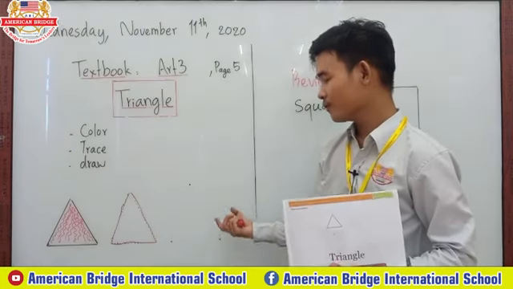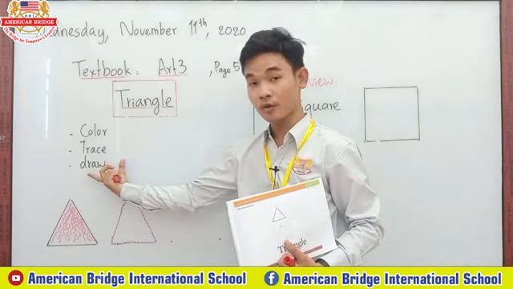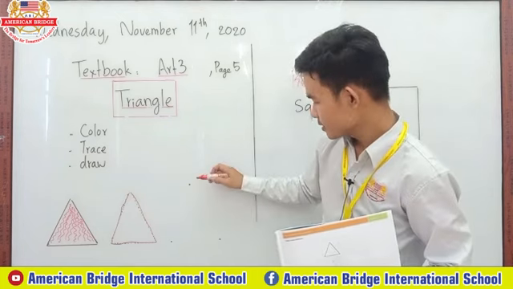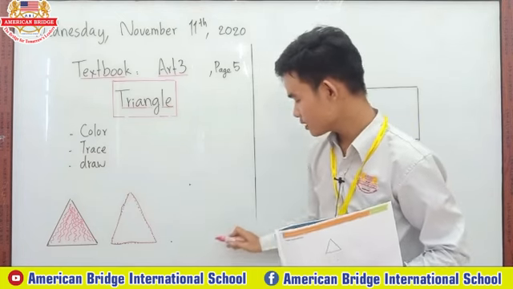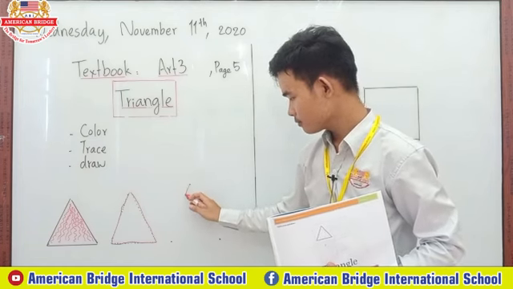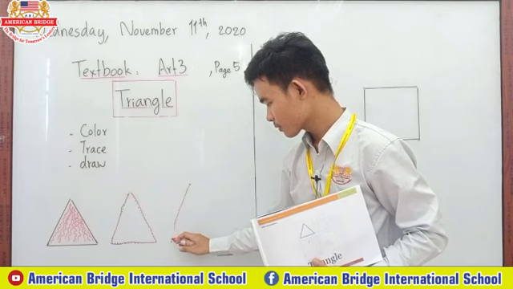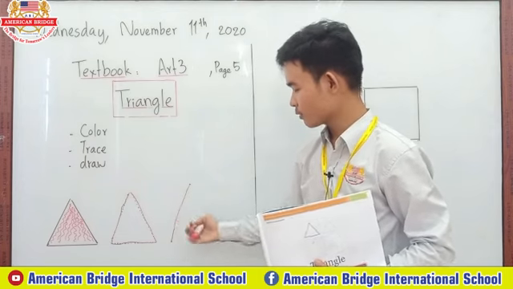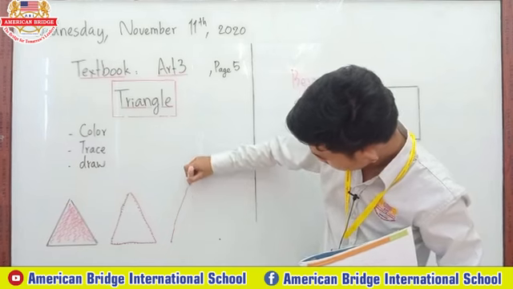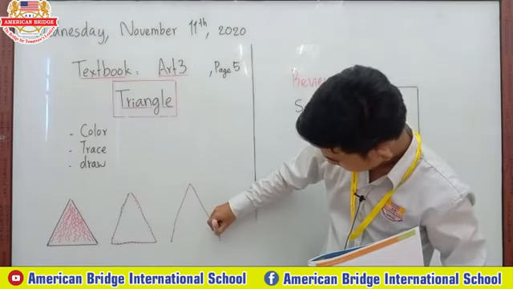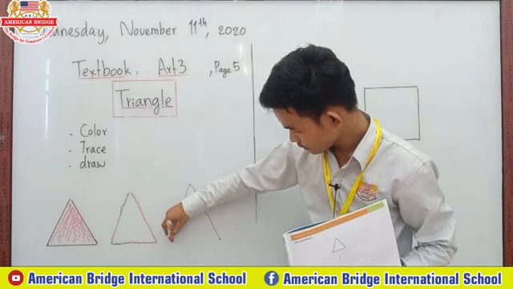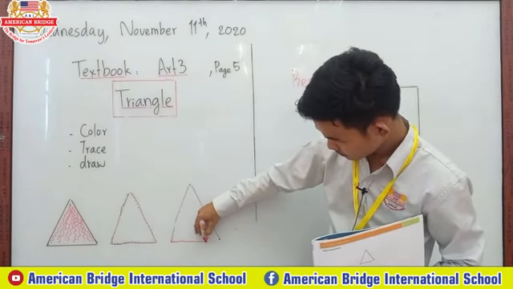For the next activity, I have to draw another triangle over here. Again, we have 3 dots. Let's start from the top to the bottom. We have 1 line and 1 more line here. So let's connect these 2 dots together on the bottom.